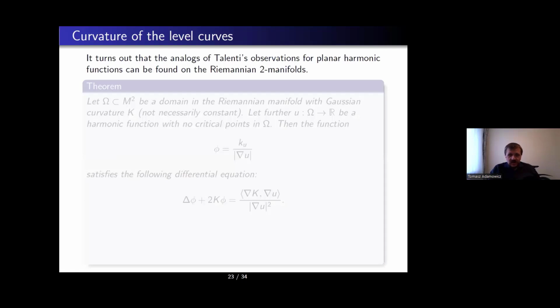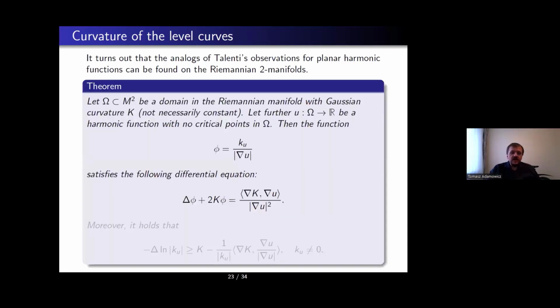And it turns out that the analogs of Talenti's observations for planar harmonic functions can be proven for two-dimensional Riemannian manifolds as follows. If omega is a domain in a Riemannian manifold with Gaussian curvature K, not necessarily constant or of constant sign, and U is a harmonic function in domain omega with no critical points in omega, then the normalized curvature of level curves satisfies the following differential equation.